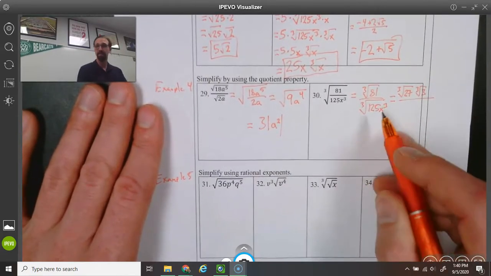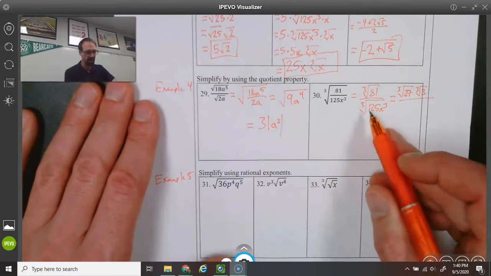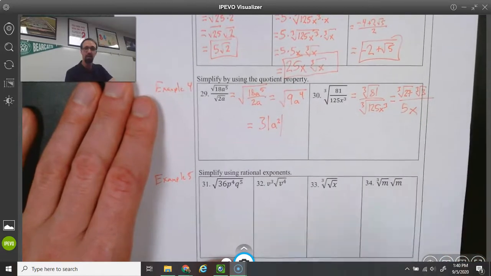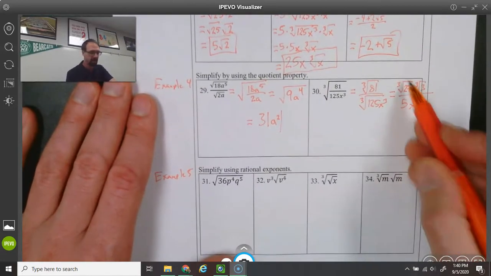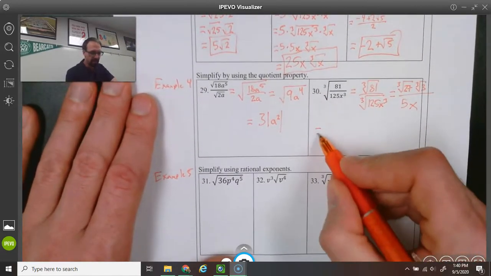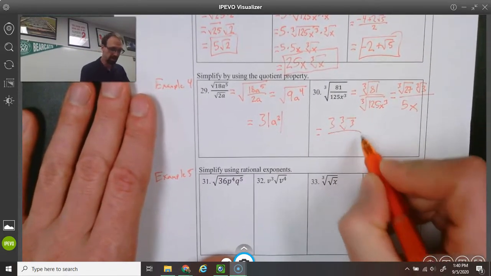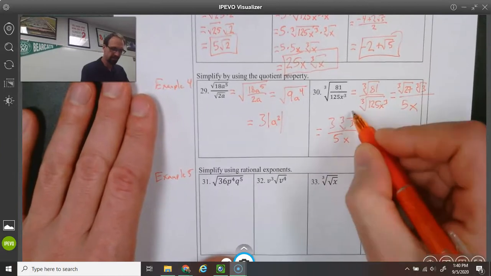Over, and this is a perfect cube: the cubed root of 125 is 5, the cubed root of x cubed is x. Again, no absolute value because it's an odd root. The cubed root of 27 is in fact 3, so I have 3 times the cubed root of 3 over 5x.